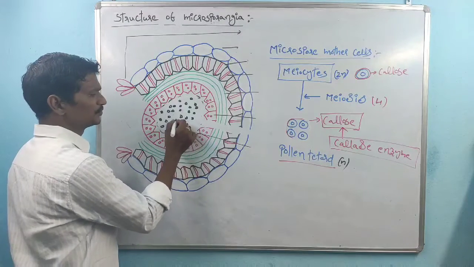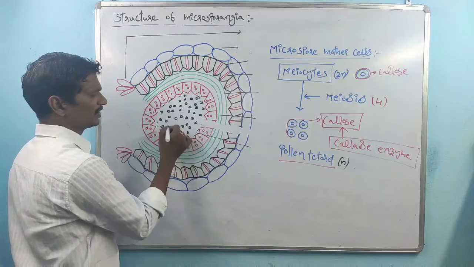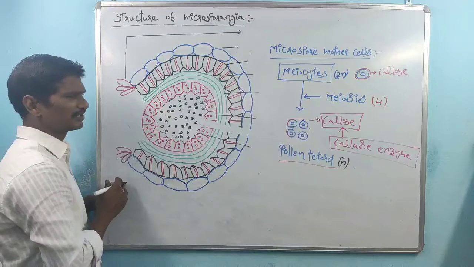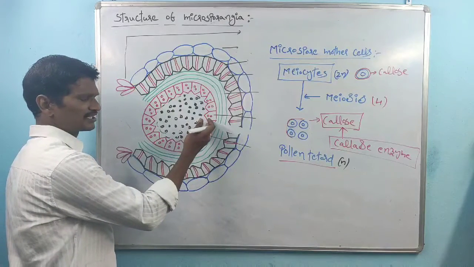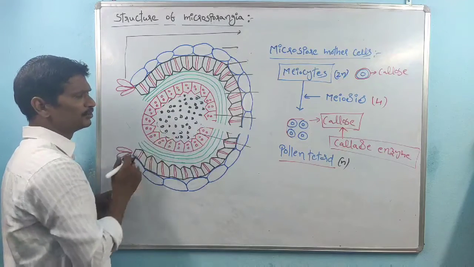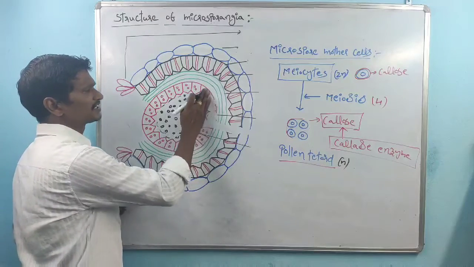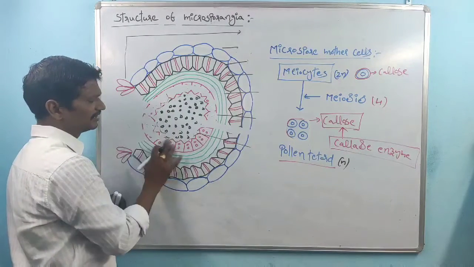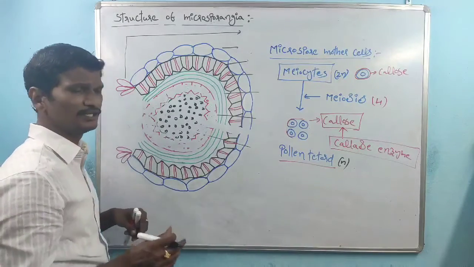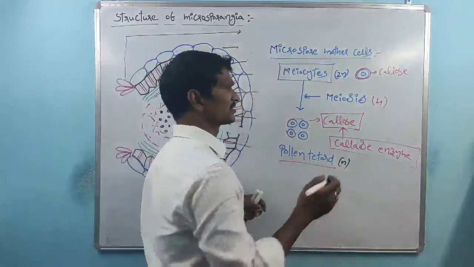Once the pollen grains are produced, whatever tissues are present here are already degenerated, because the tapetum cells supply the nutrients to the microspore mother cells. What is the use of nutrients to microspore mother cells?